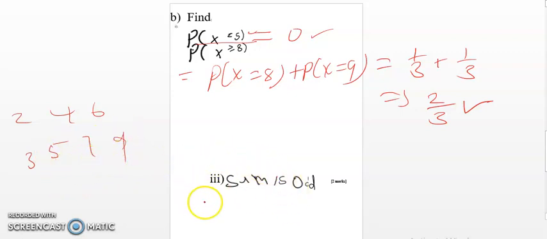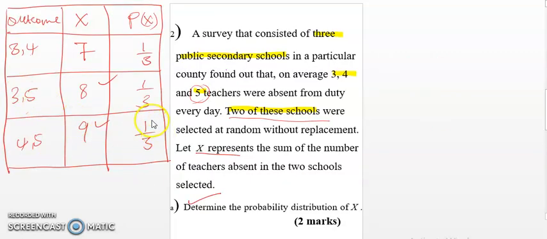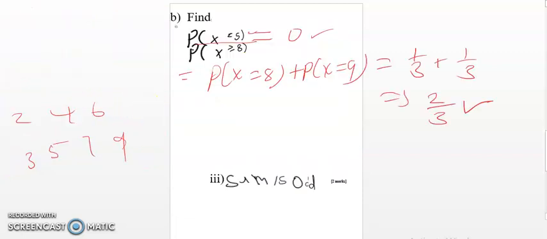So when the sum is odd, we simply refer to our table. When the sum is odd, we have 7 and then we have 9. So 9 and 7 are odd numbers, and we find the probability of that too.